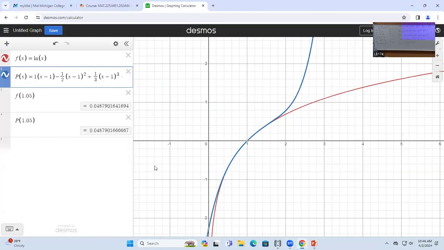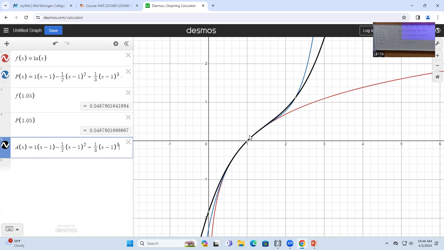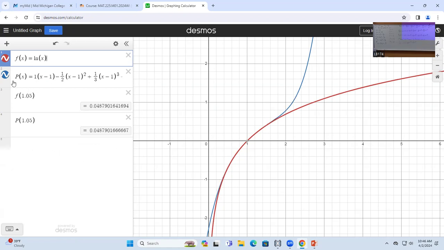Because it has less terms, it's gonna match up pretty well still at 1. But remember, we're trying to approximate this red. It's gonna be further away from this red quicker. Uh-oh, I screwed that up. Sorry.